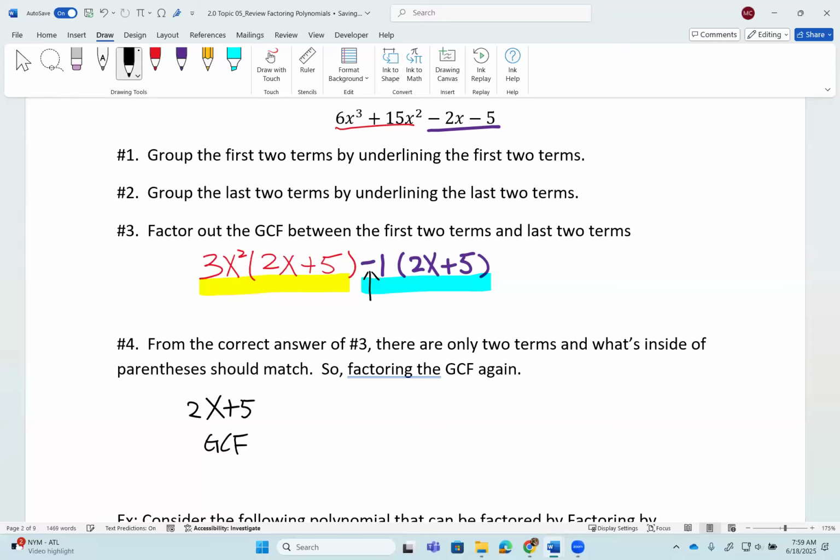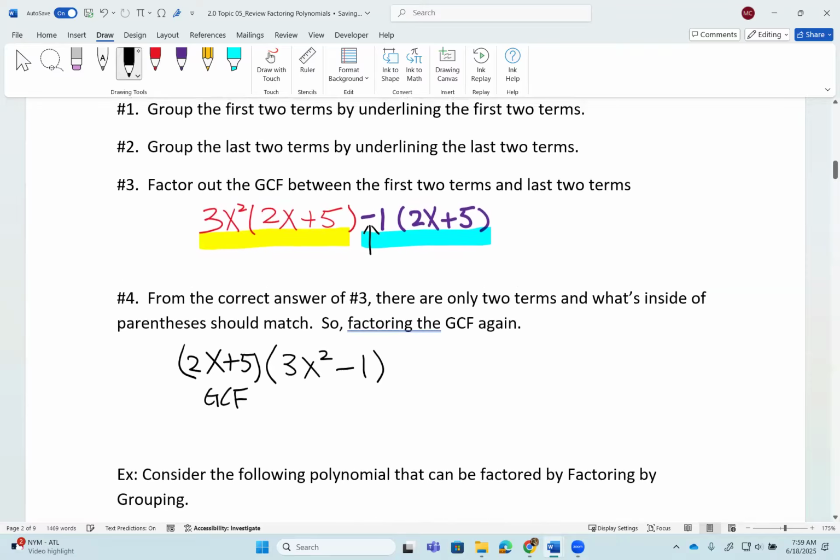So I have to put that in a parenthesis. If I factor out the 2x plus 5, what should be left over for the 2 terms? If I factor out the 2x plus 5 from my red term, the only thing left is 3x squared. If I factor out the 2x plus 5 from the second term in purple, then the negative 1 is left. There you go. That will be my answer.